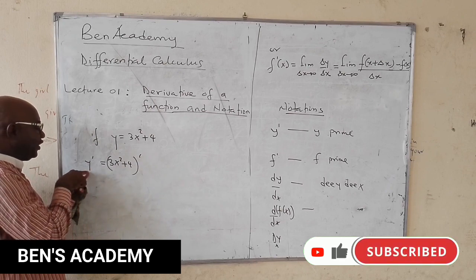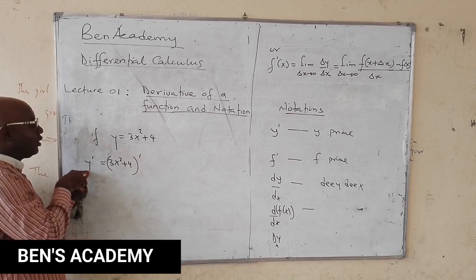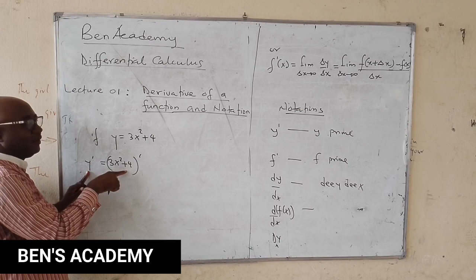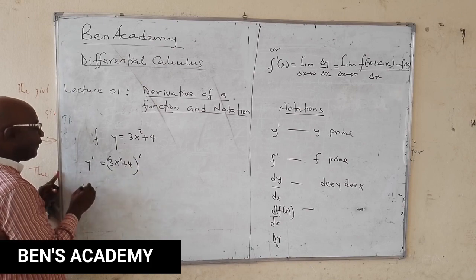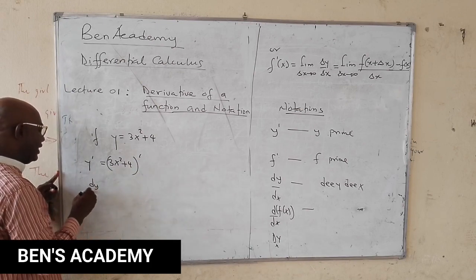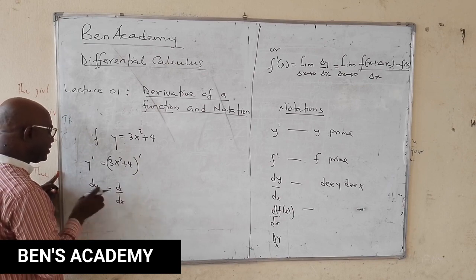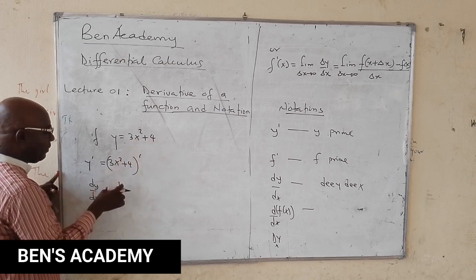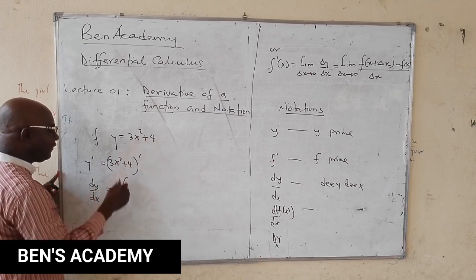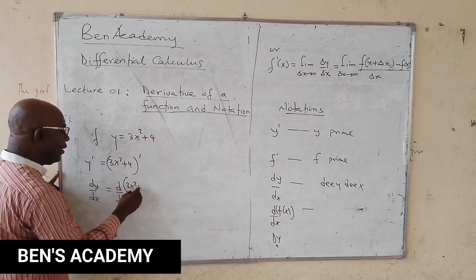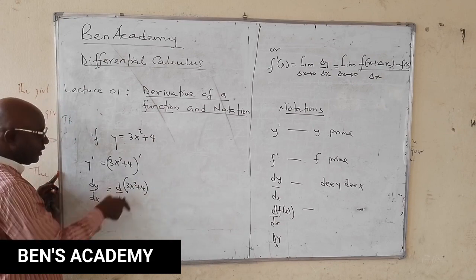And we are saying we are differentiating y, which is 3x squared plus 4. If I also have the second one, dy dx, I can write this as d dx, where y is this function. I can replace y by this function, 3x squared plus 4. It means the same thing.